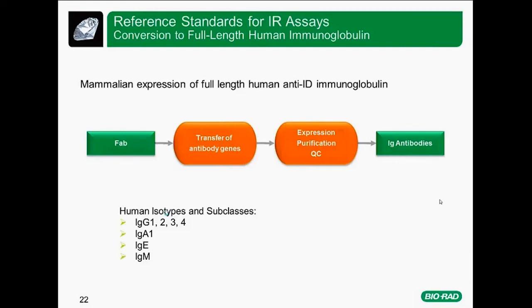We know the sequence of all of our antibodies, and it's a simple cloning exercise to transfer the Fab antibody genes into the respective vectors for expression of human IgG1, 2, 3, or 4, or human IgA1, IgE, or IgM, and then express the antibodies in mammalian cell culture.